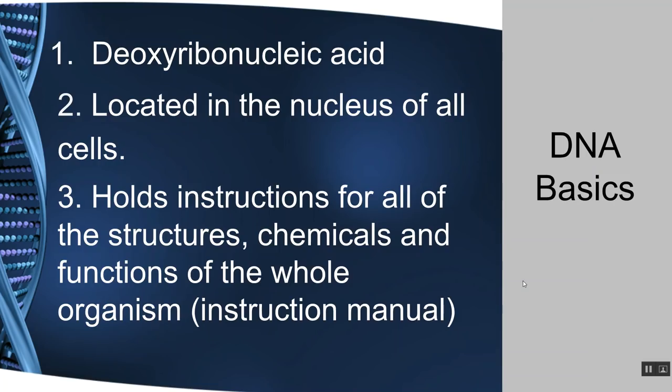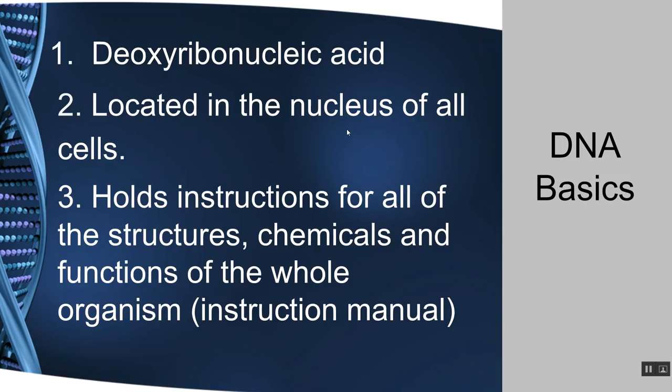Okay. All right, let's look a little bit at our DNA basics. First, DNA stands for deoxyribonucleic acid. Deoxyribo for the D, nucleic for the N, acid is the A. Deoxyribose comes from the type of sugar that's in there, and then DNA is a nucleic acid.